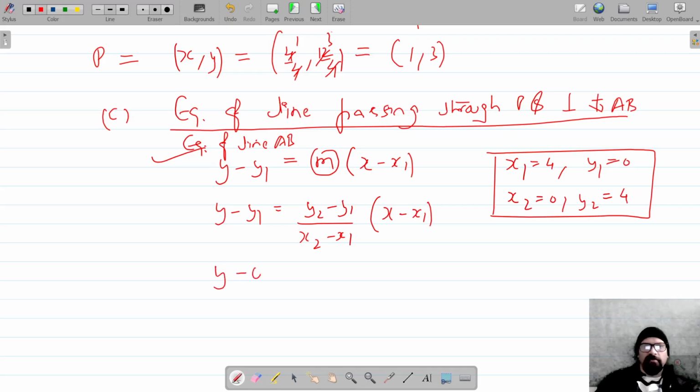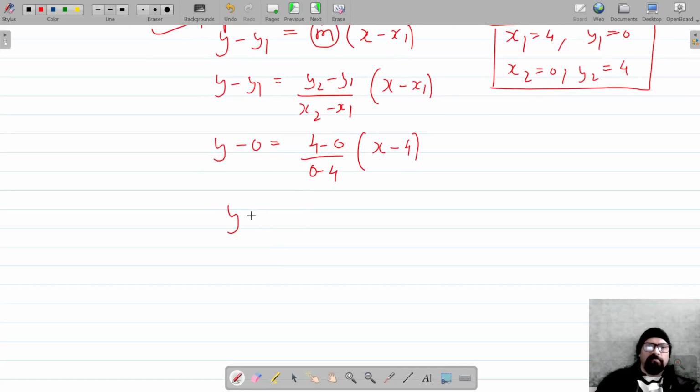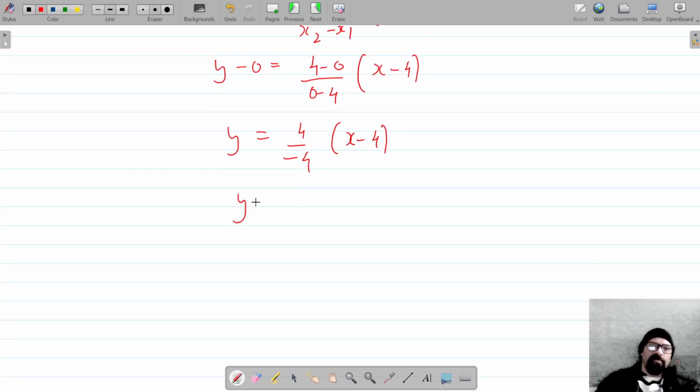So y minus 0 is equal to (4 minus 0) upon (0 minus 4) into (x minus x1), which is y is equal to 4 upon negative 4 into x minus 4, which gives us y is equal to negative 1 into x minus 4.